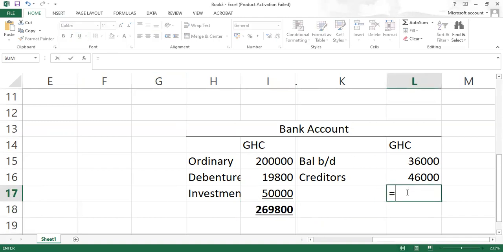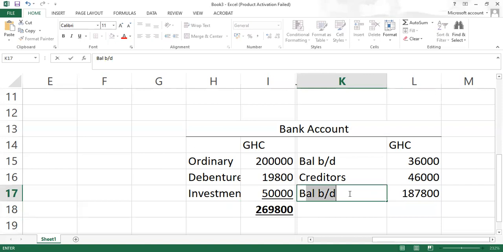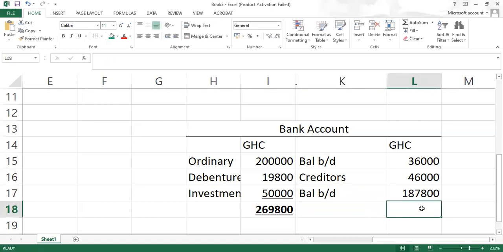So let's come here. It will be this minus this minus this. Then we have the balance. We have 269,800.